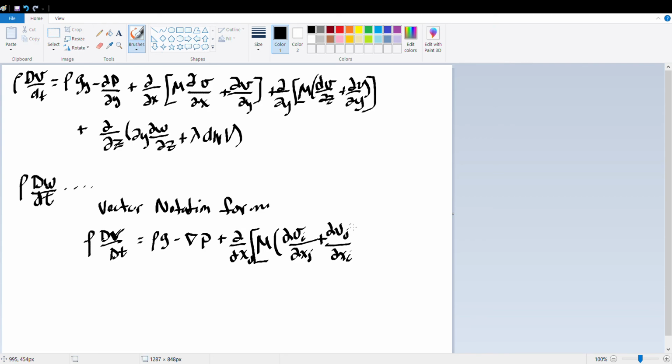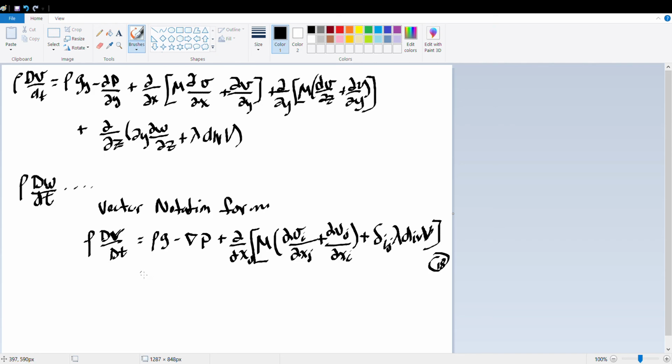These are the cross derivatives multiplied by the shear viscosity, plus the Kronecker delta times lambda divergence of v. This is that darkened vector. We're going to call that equation 18.